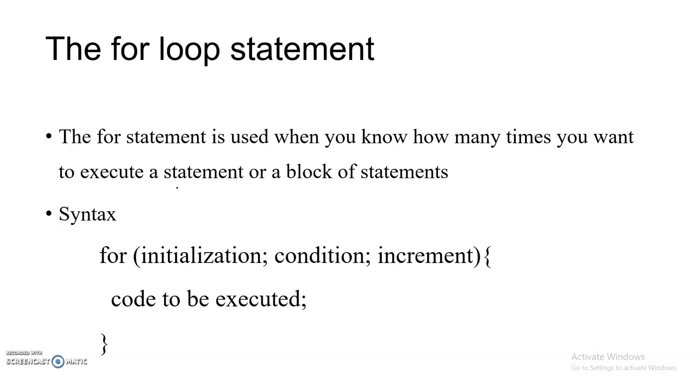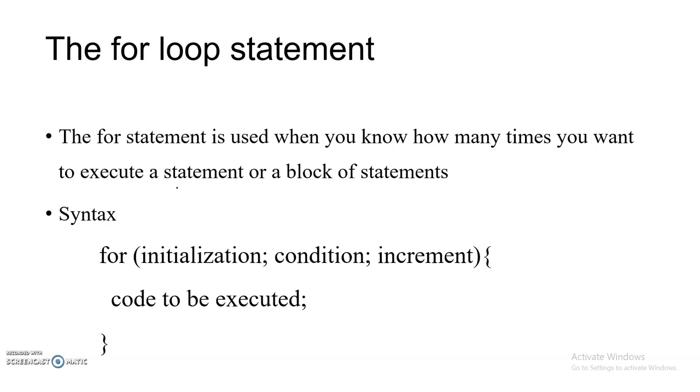First one is the for loop. This type of loop is used when the user knows in advance how many times the block needs to execute, when you know how many times you want to execute a statement or a block of statements. This type of loop is also known as an entry control loop.